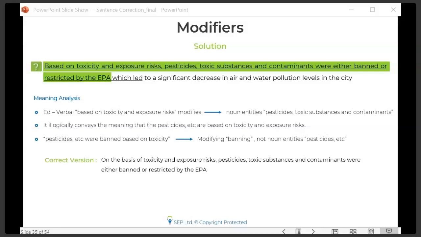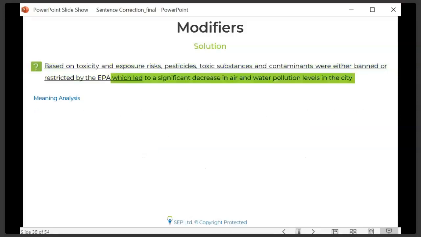Next, we will analyze the remaining part of the sentence. Okay, so this I've already pointed out to you. "On the basis" is modifying "banned or restricted," which is perfectly fine. Okay, all right. "Which led to a significant decrease in air and water pollution levels in the city." All right.